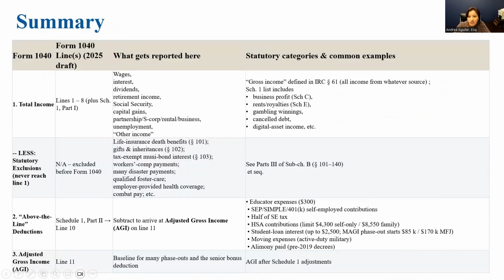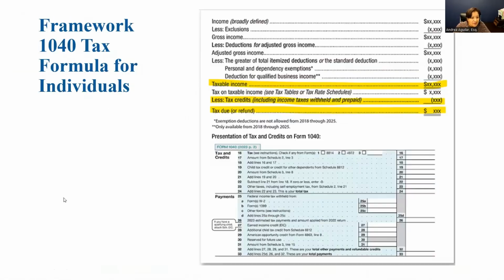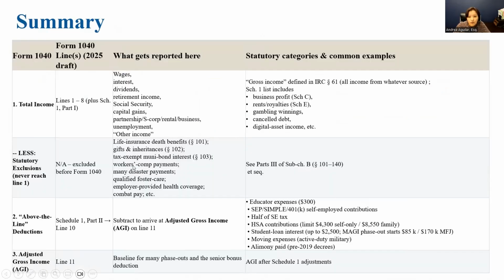Here I have included a chart, as always, a summary that can show you more or less where we are. Okay, this is the same as this, but with more relevant information. So we start with the total income, lines 1 through 8 in our Form 1040. We know that we have to include there our wages, interest, dividends, retirement income, Social Security income, capital gains, business income.